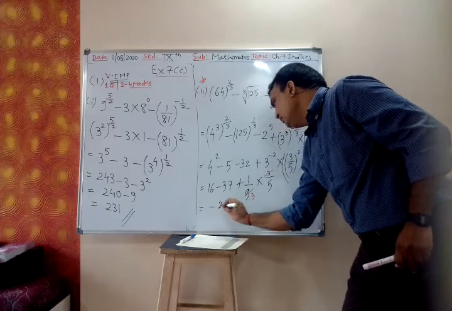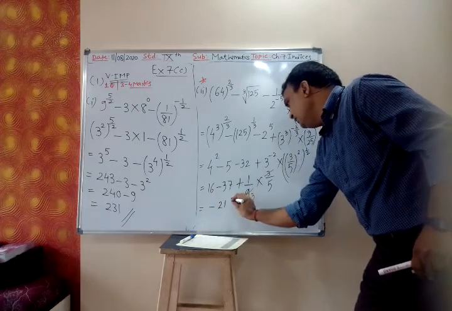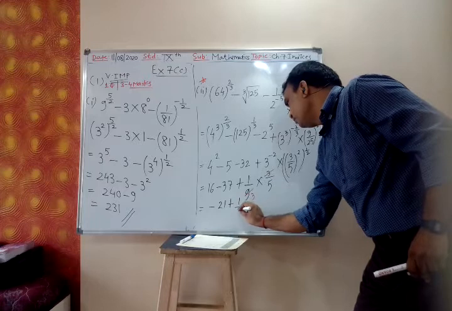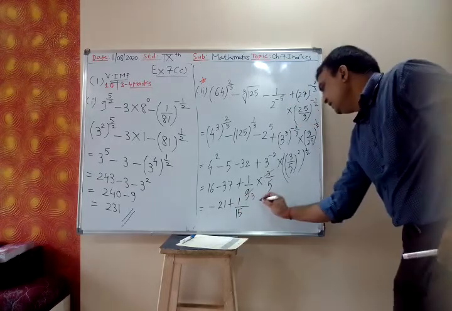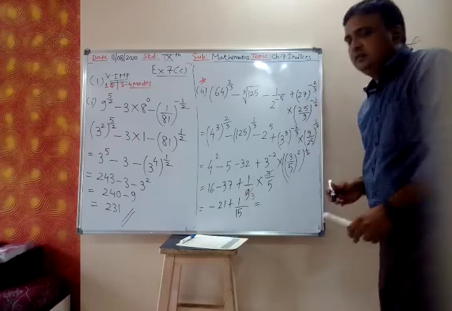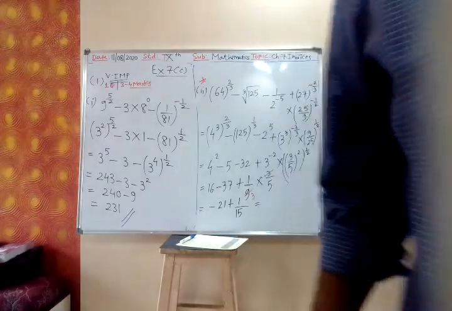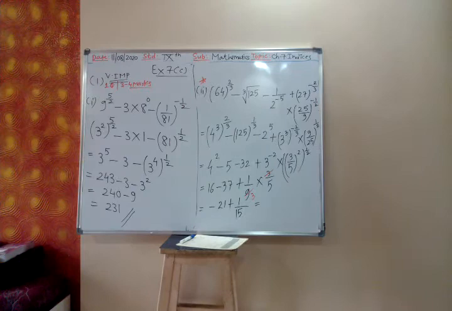So 16 minus 37 is minus 21, minus 21 plus 1 upon 15. Simplify. Now it is clear, right? Minus 21 plus 1 upon 15.